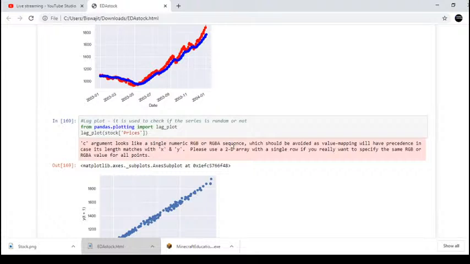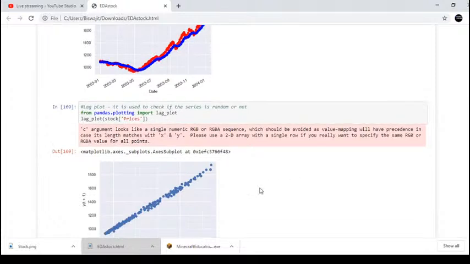And for that, we need to first know if there exists some level of pattern. So in order to know the pattern, you need to check what is known as the lag plot. From pandas, we are importing lag_plot, and we are using the lag_plot function to get the lag plot for the prices.